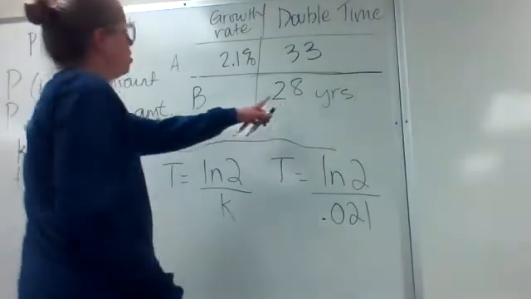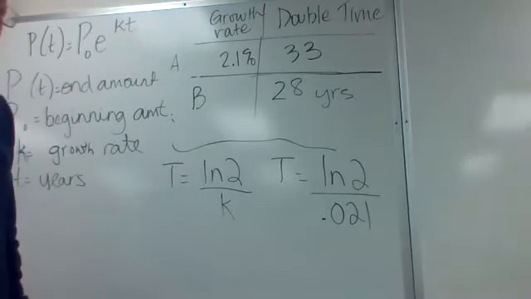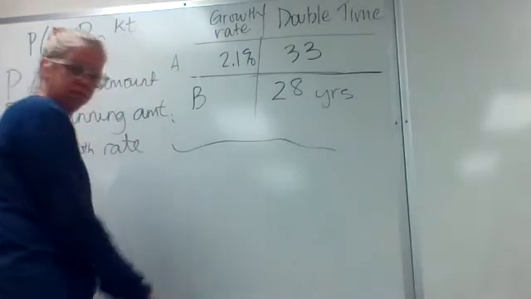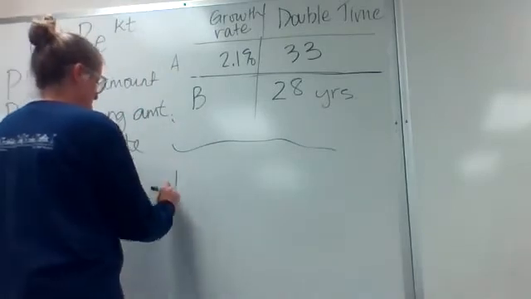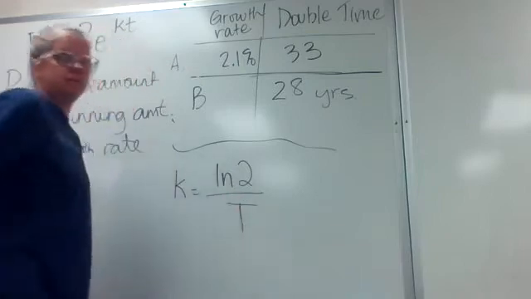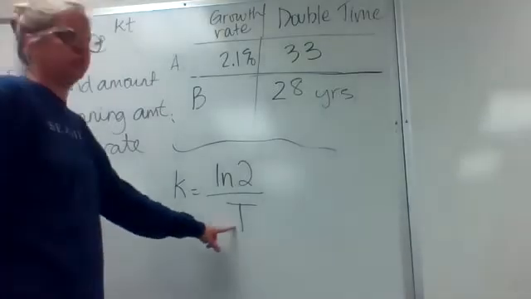Now, what if you know the doubling time or how long it takes to double? That formula, the growth rate is going to be ln of 2 over the time it took to double.